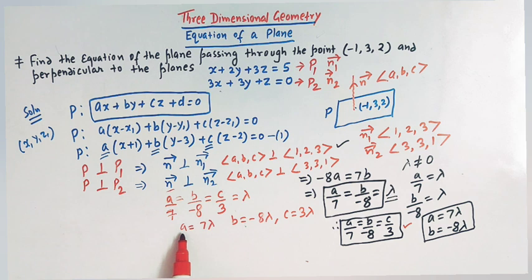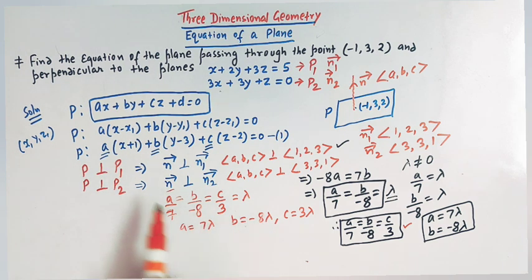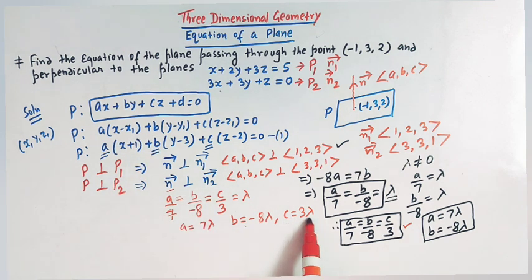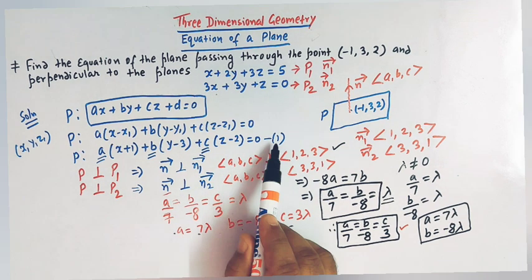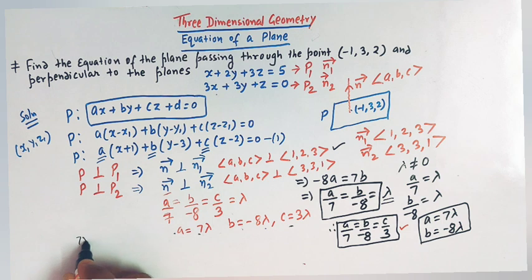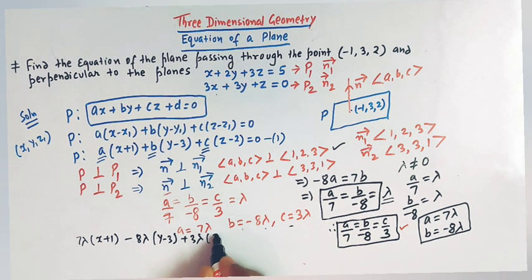Now if we take the value of A as 7 lambda here, then B is minus 8 lambda over here, and C is equal to 3 lambda over here, then we'll get the same equation, right? So let us find the equation. Now equation 1 can be written as 7 lambda times x plus 1, then we have minus 8 lambda times y minus 3, and then we have 3 lambda times z minus 2 is equal to 0, right?